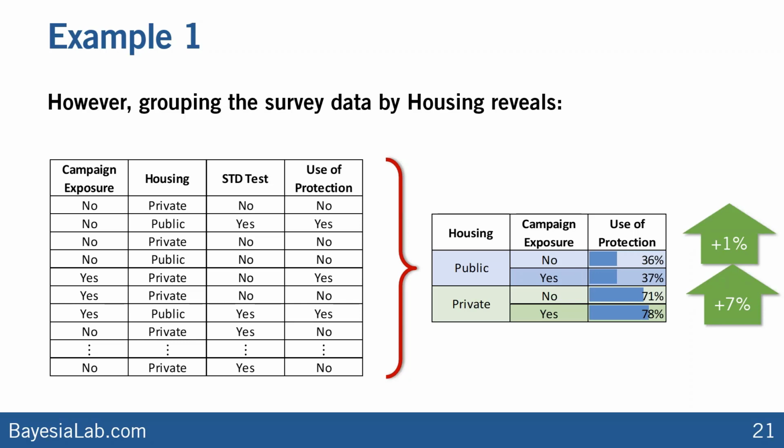And sure enough, if we now take the very same data, the 1,000 responses, and stratify on housing, it seems like condom use is going up in both groups, among the people who live in public housing and in private housing. So how is this possible?